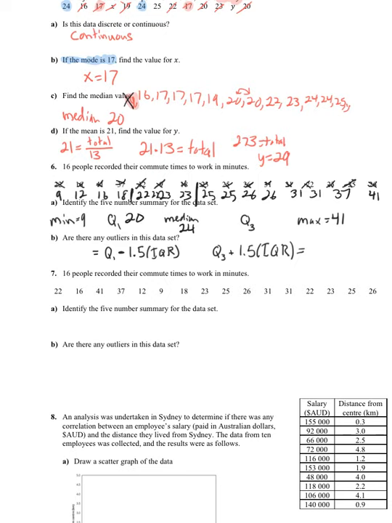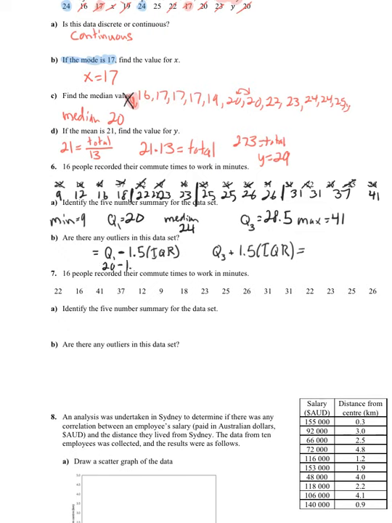So Q1 is going to be 20. And then Q3 is halfway in the second 8, between 26 and 31. So Q3 is going to be, what is that? 28.5, yes.